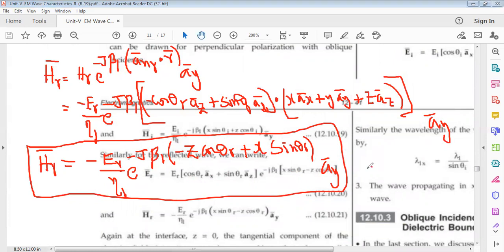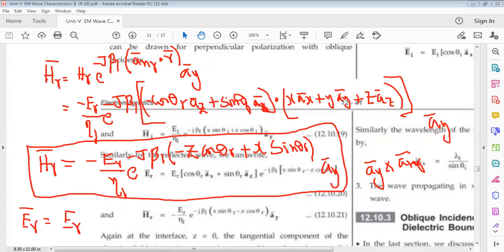We can apply here a_y bar cross a_nr bar to get E_r bar, which is equal to E_r into the coefficient a_y cross a_nr bar. What is a_nr bar here? Cos theta r into a_z bar and sine theta r into a_x bar.